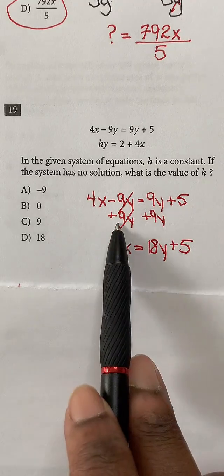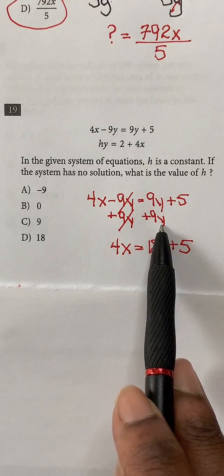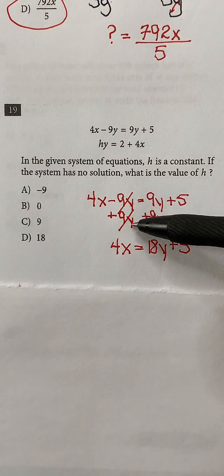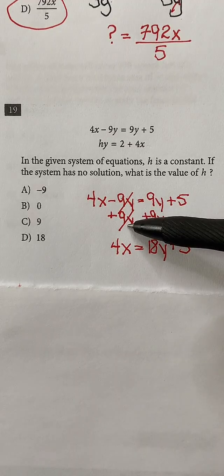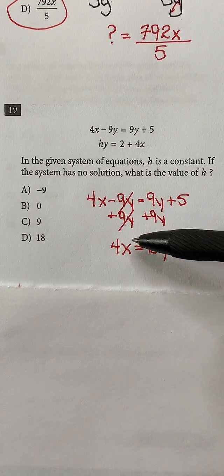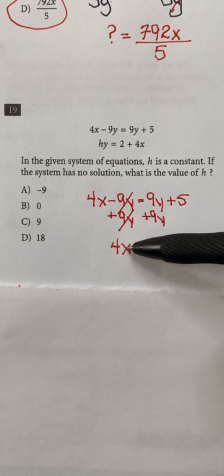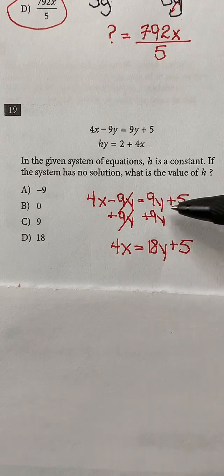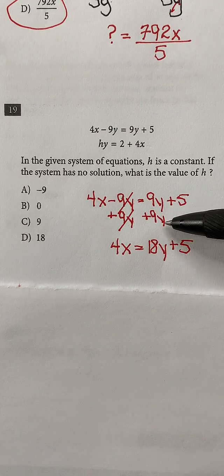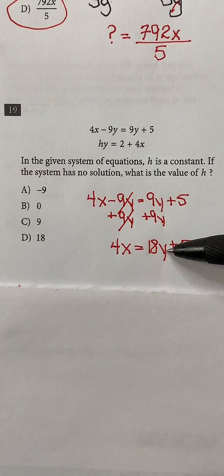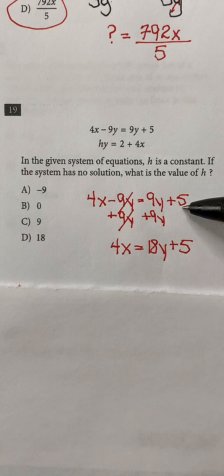You see that I add the 9y's on both sides. Negative 9y and a positive 9y cancel each other out, giving me 0. But I don't need that 0 as a placeholder because I still have that 4x that can come down. Now I have my 9y plus 9y, that gives me 18y. And then the plus 5 comes on down.